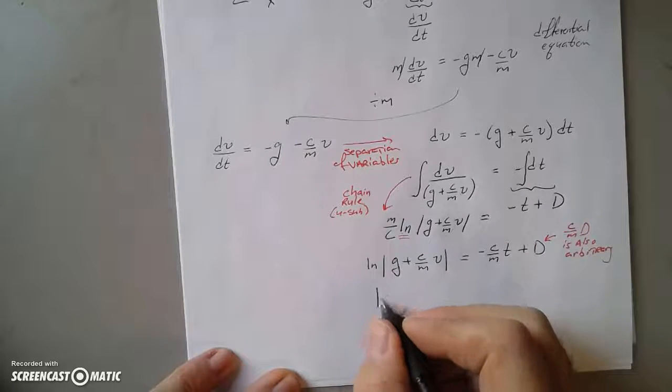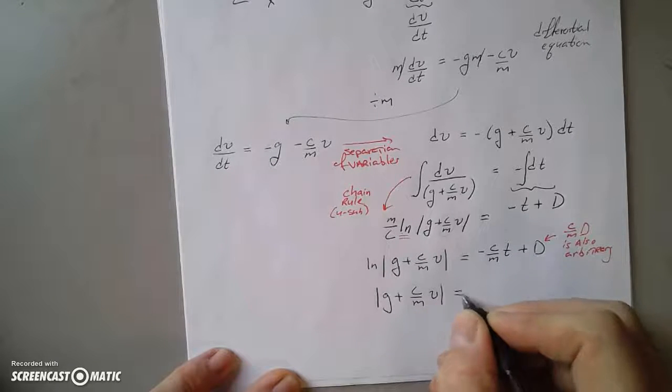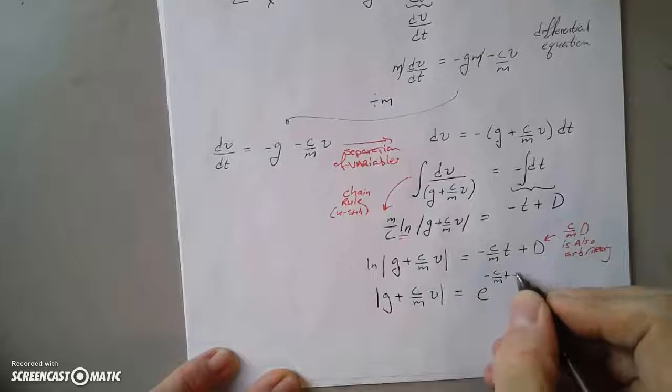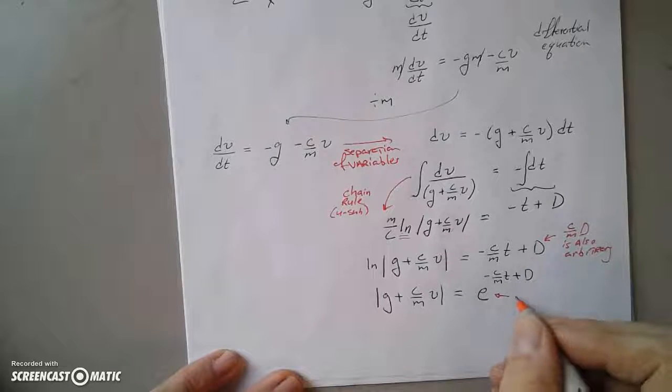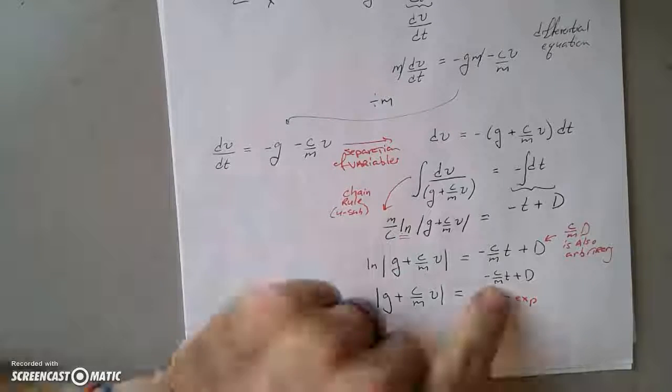And there's that logarithm. Okay, now I'm going to exponentiate both sides. This is something you may have had to do in an algebra class, and this is why you had to do it. This is what it's building up to. There's that exponential, right? Now we can break this up a little bit.